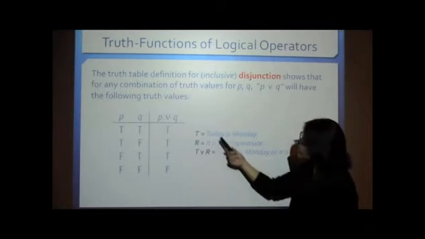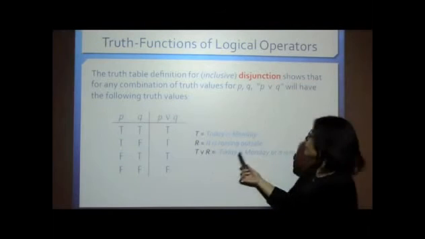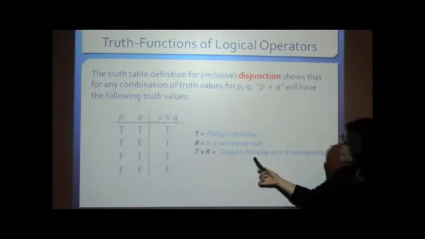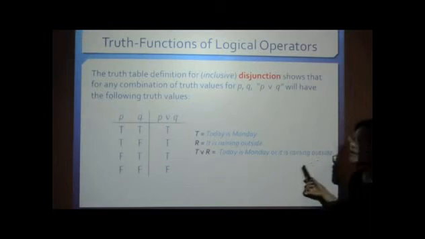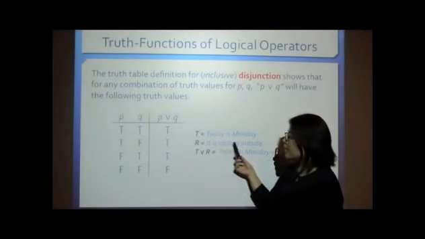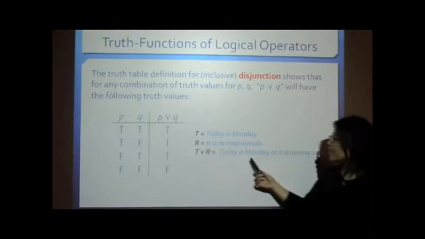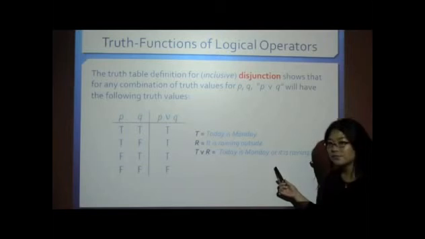Now here we have the statement, today is Monday, and then we have the statement, it is raining outside. And then we have the disjunction, today is Monday or it is raining outside. Now if today is Monday is true, and it is raining outside is true, then today is Monday or it's raining outside will also be true.